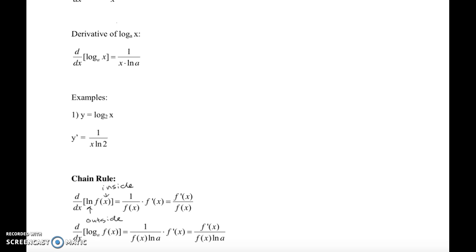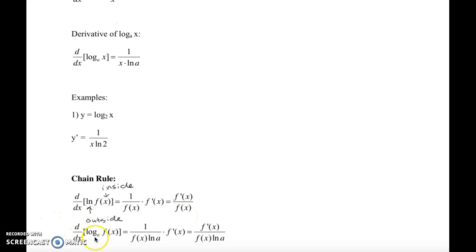So if we have an ln, we're going to consider our log function, our ln, to be our outside function. We're going to consider our f of x to be our inside function. And therefore, when we use the chain rule, we're going to have 1 over our value f of x times the derivative of f of x, which basically is going to give us the derivative of f of x over f of x itself.